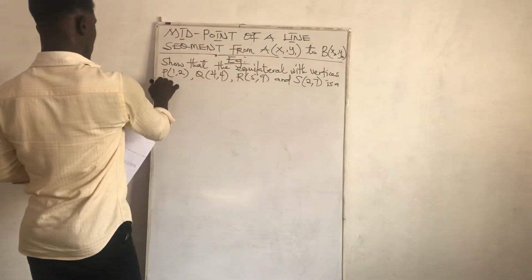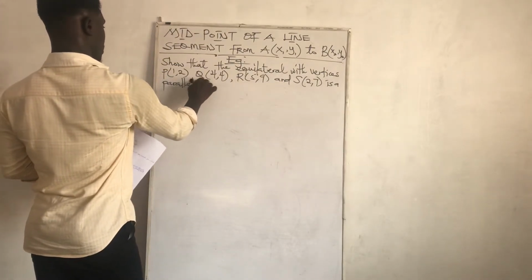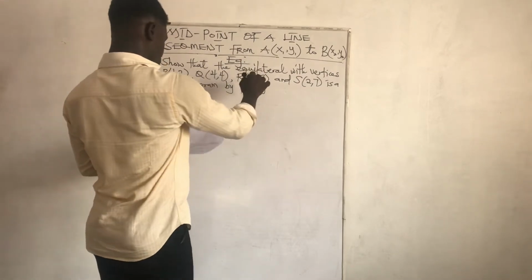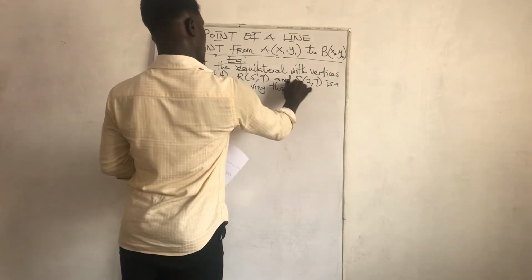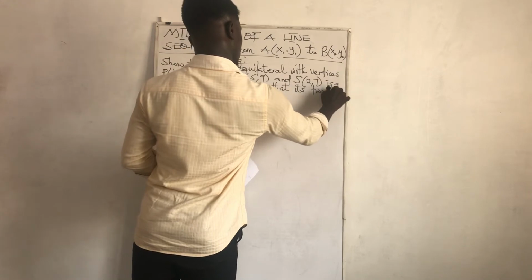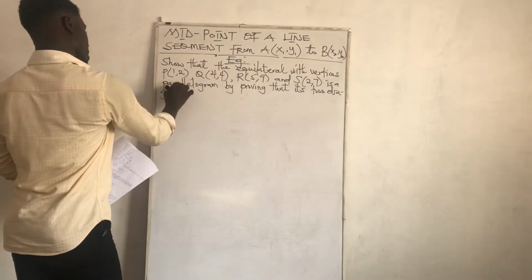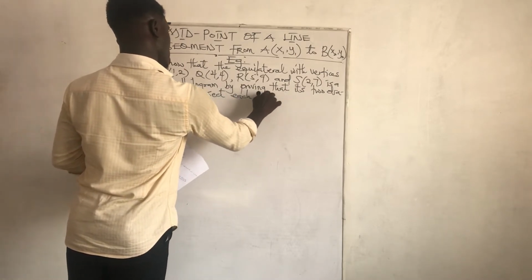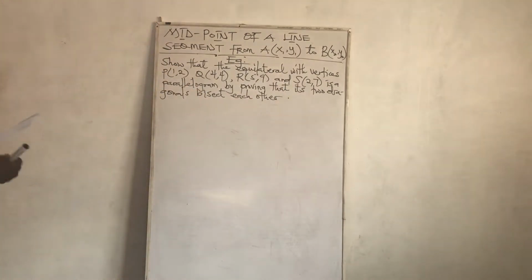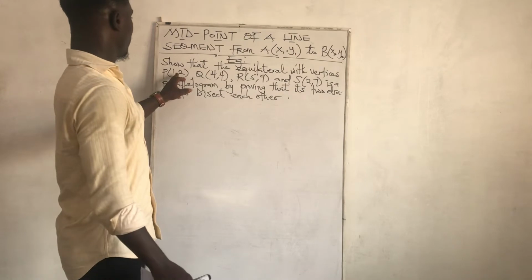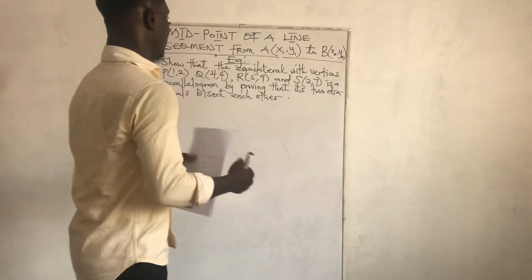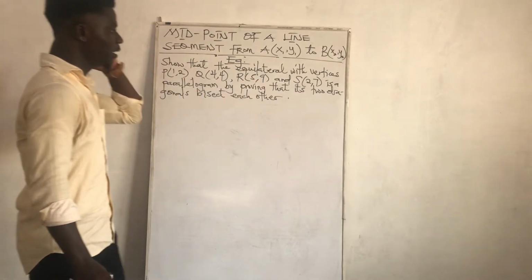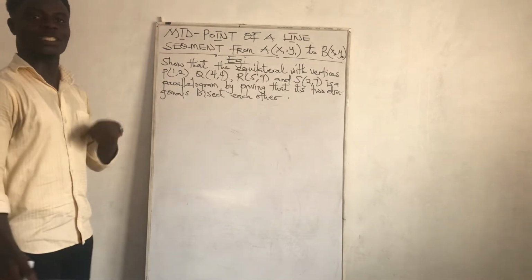is a parallelogram by proving that its two diagonals bisect each other.